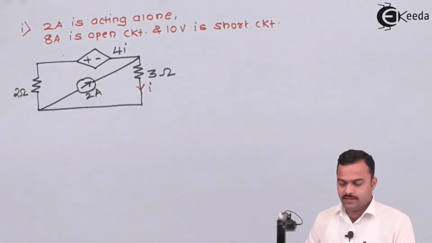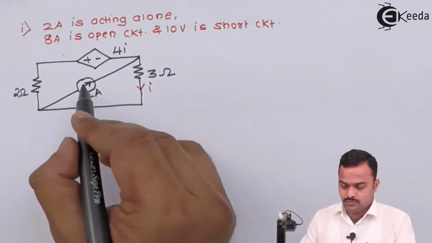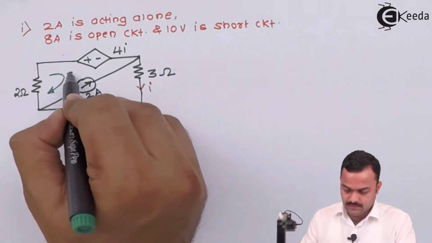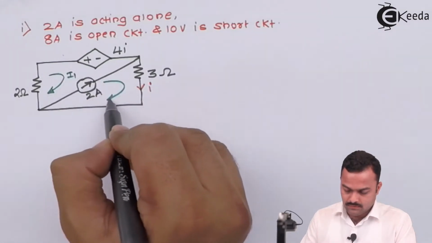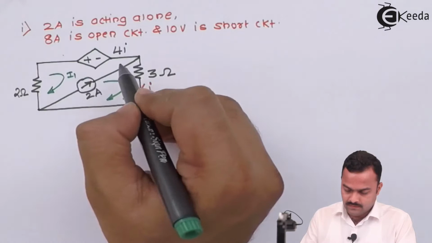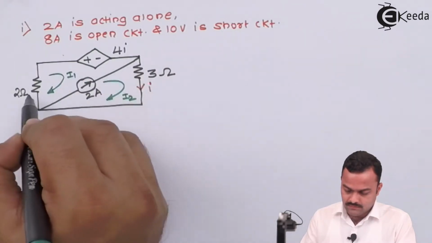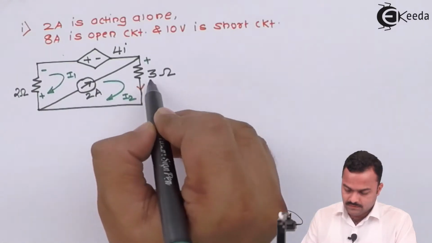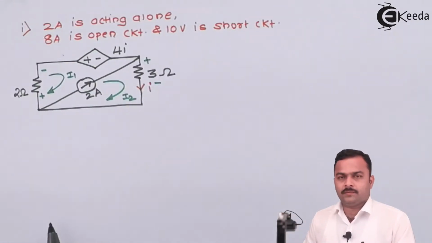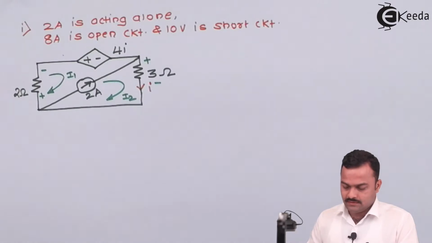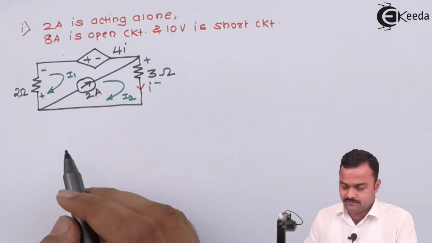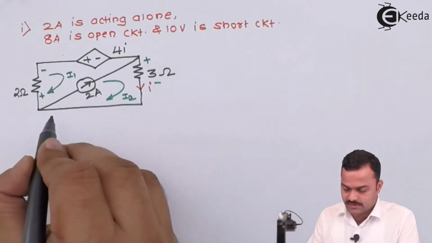So it's very simple. We are having two loops. So let's mark loop current I1, loop current I2. Let's mark all the voltages because of the currents flowing through the resistors in this manner. So we are ready to apply KVL, but there is a current source between these two loops, hence we have to write the equation of the current source first.